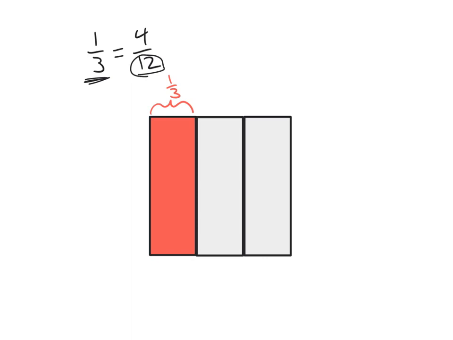Let's see, I'm going to start down the middle here. There's 1. All right, so I've partitioned my diagram now, and if I count up my parts, I have 1, 2, 3, 4, 5, 6, 7, 8, 9, 10, 11, 12.